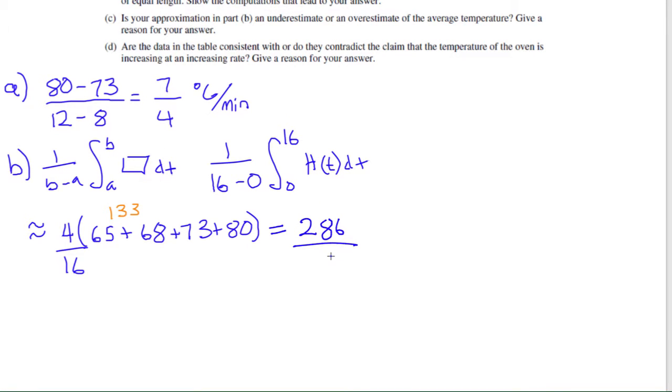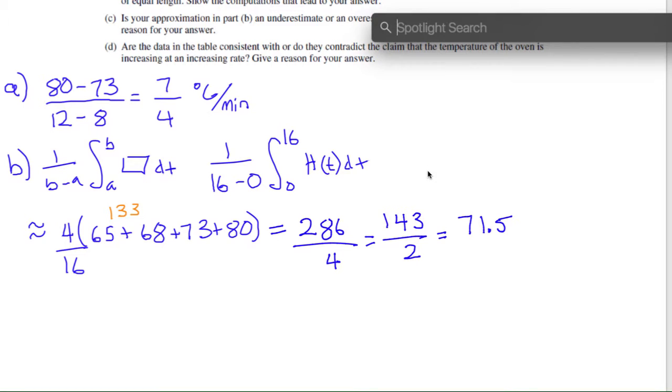286 divided by 4. This is not divisible by 4, but if I divide the top and bottom by 2, I get 143 over 2. Using a decimal, it's going to be 71.5.